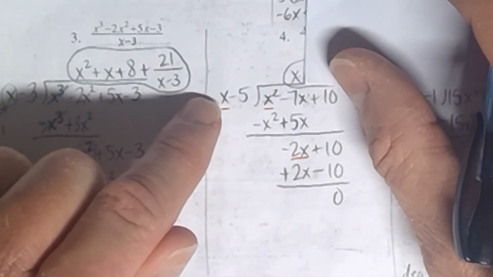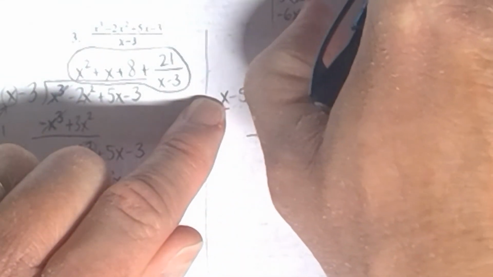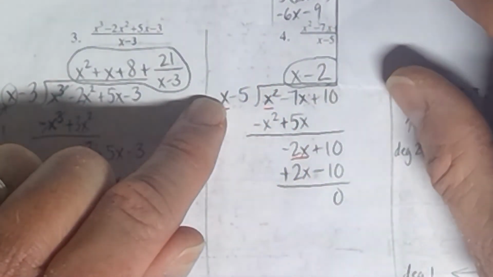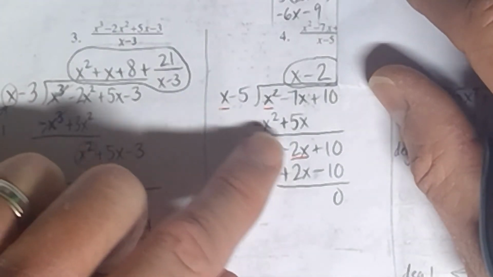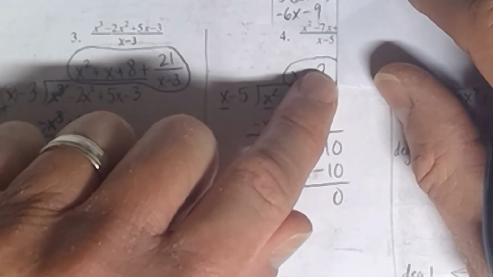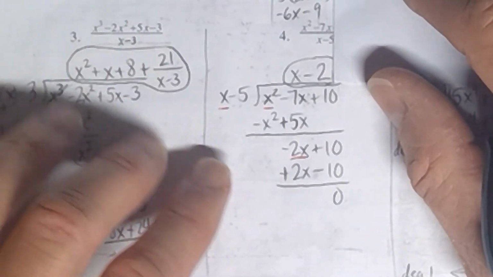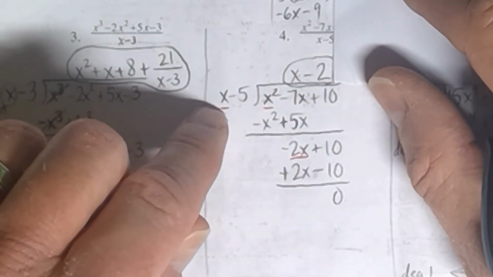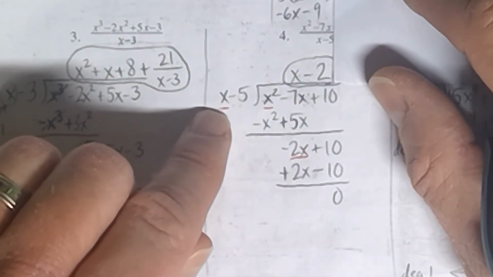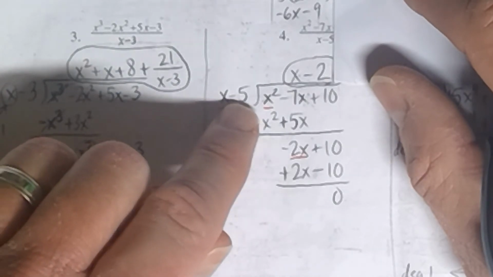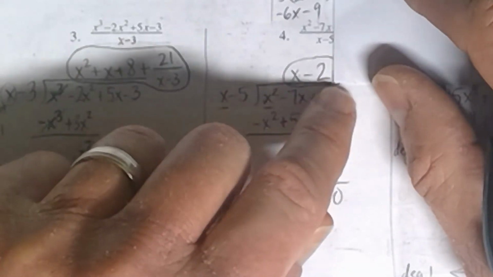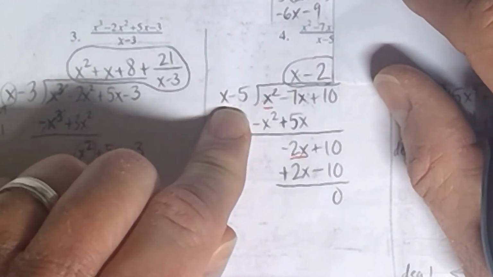Negative 2x divided by x is going to be negative 2, because the x's cancel completely, so there's just going to be negative 2 with no variable there. We then take negative 2 and we distribute that through here. Again, normally, that would be negative 2x plus 10 when I distribute the negative 2.